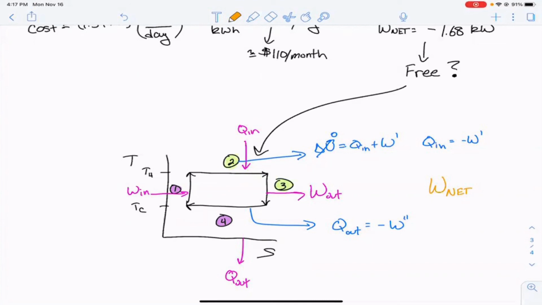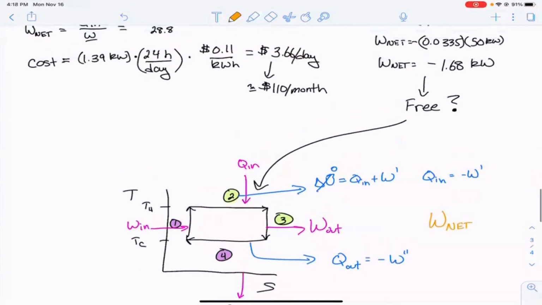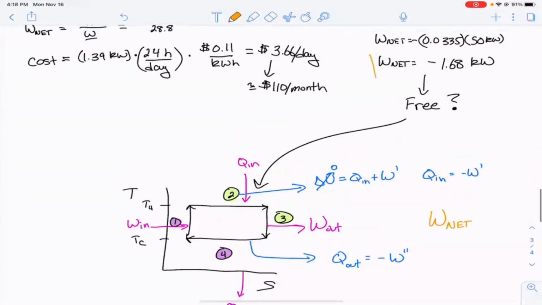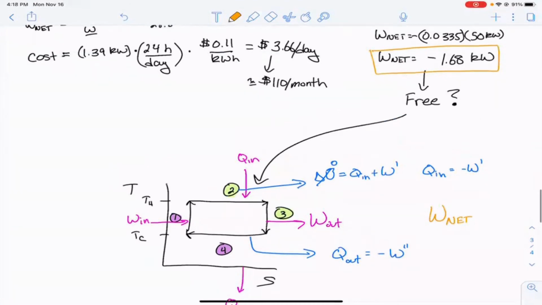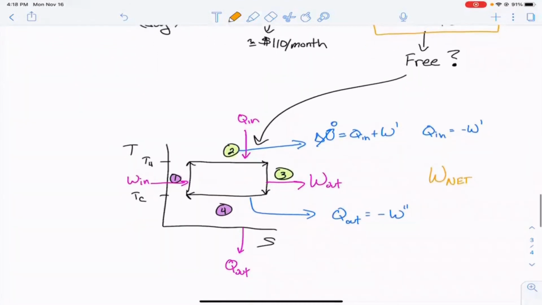And so we're not actually able, with the information we're given in the problem, to say anything other than the net amount of work produced is negative. And so if you were to tell me that that meant that running this Carnot engine is free, I would accept that in the context of what we've talked about so far.